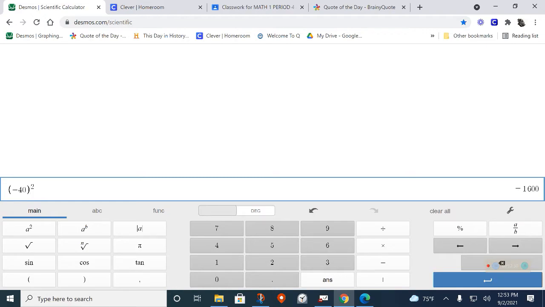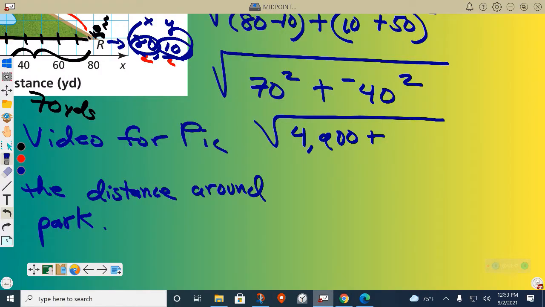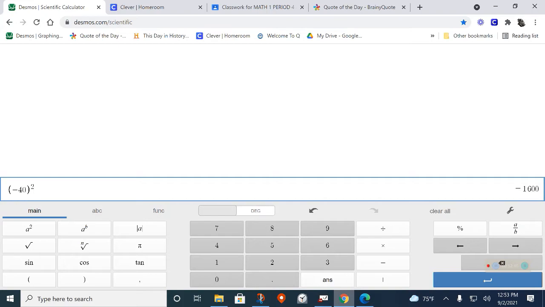Now it's interpreted correctly. So 1,600. So a little FYI. If you don't put the parentheses, it's interpreting it as negative 1 times 40 to the second power. So it does the 40 to the second power first and then the negative 1. But if you put the parentheses around the negative, then it interprets it correctly. Just a little FYI there.